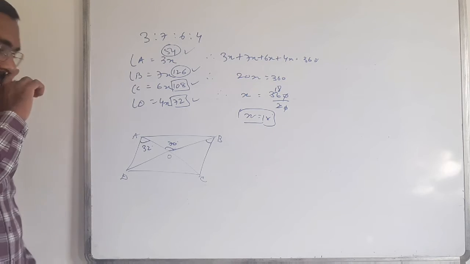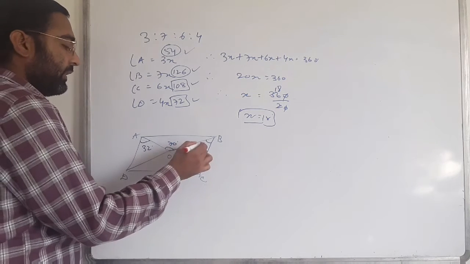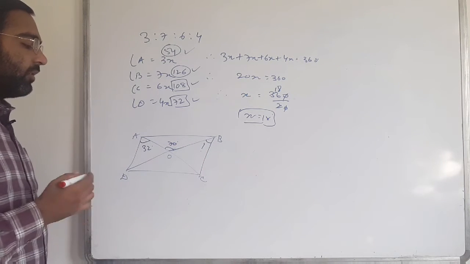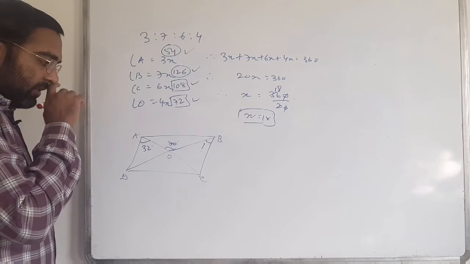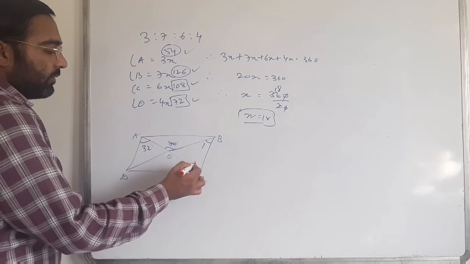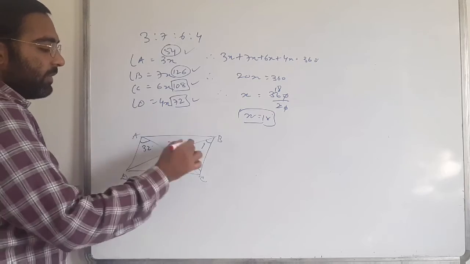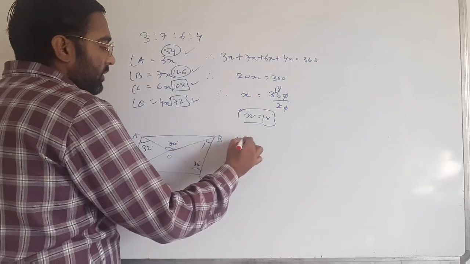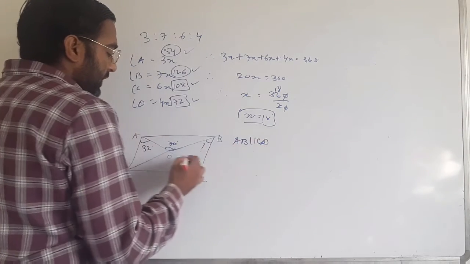Okay, so for finding this angle, we need not prove anything. We take 32 here, and here also is 32 degrees, because they are alternate angles: AB is parallel to CD, and we take AC as a transversal.